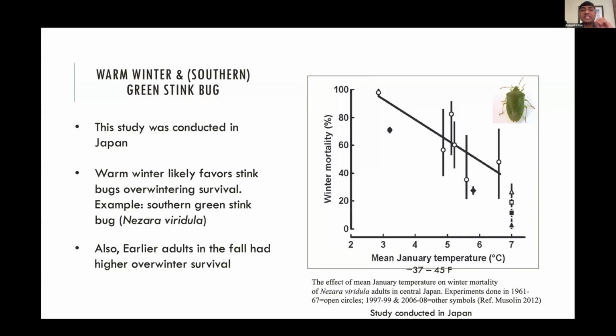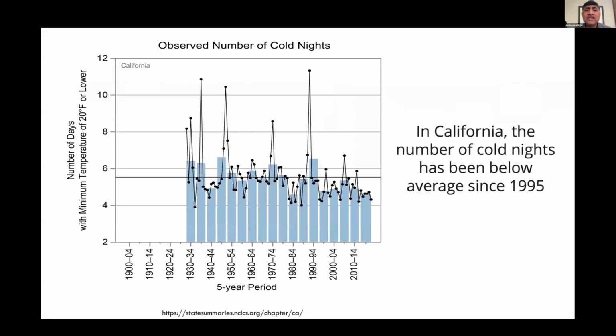Again, this is not the green stink bug. This is the southern green stink bug, a different species, but more or less all the stink bugs behave the same way. If you look at the night temperature in California over the last several decades, at least if you focus on the last 2 decades, the number of cold nights has been below average.